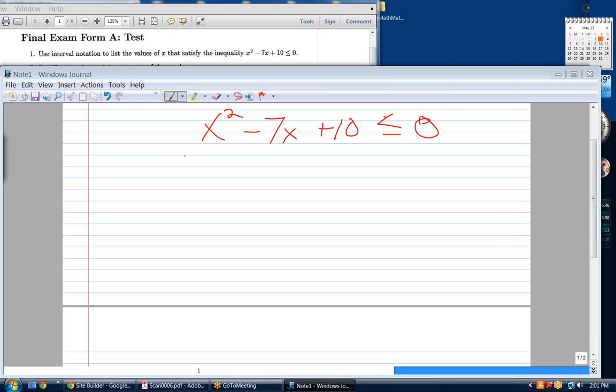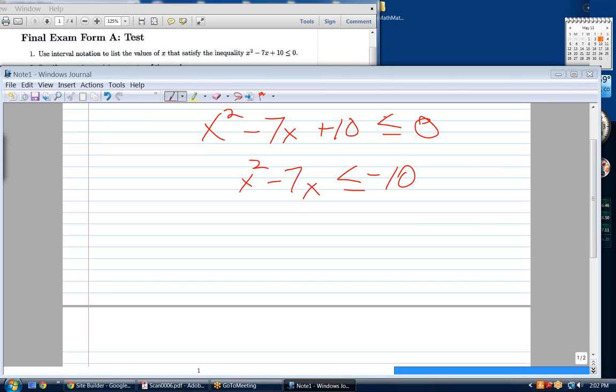Okay, you can subtract 10 from both sides. Now, notice that that's not usually what you want to do with a quadratic.